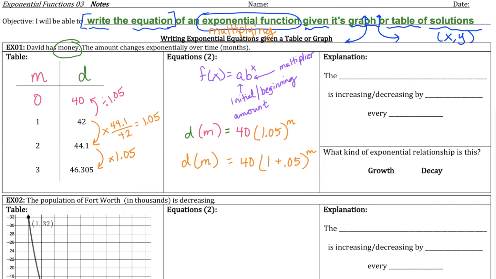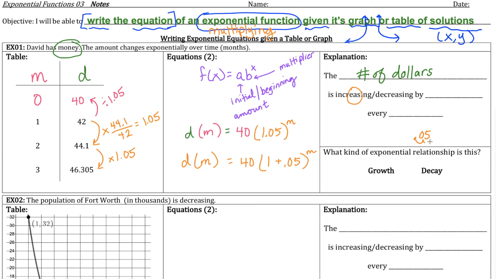Okay, so let's do this explanation. The number of dollars, you could also say the amount of money, is increasing as we go further down. You see this 0.05?